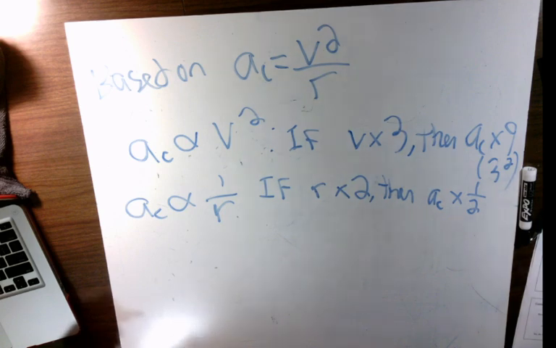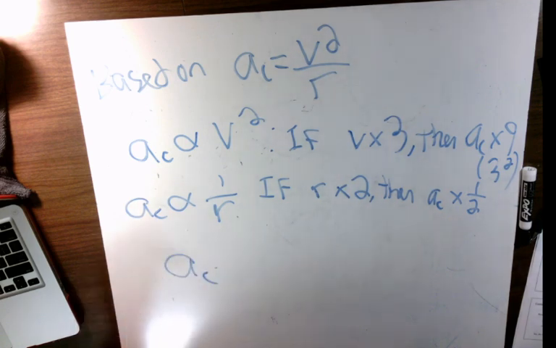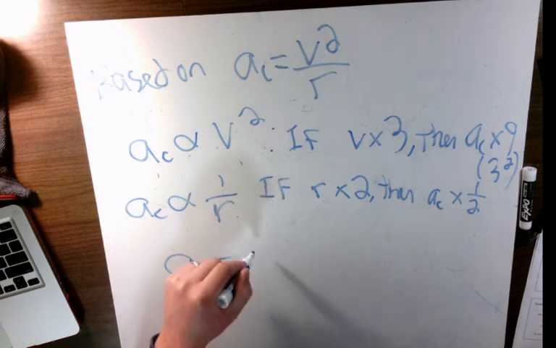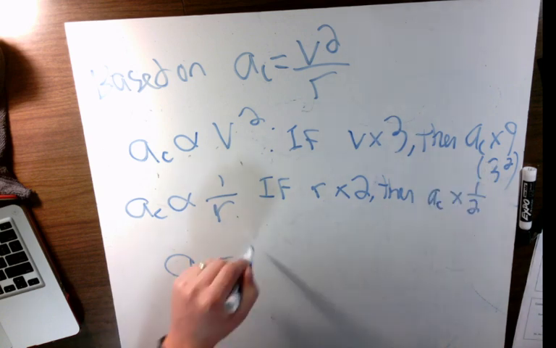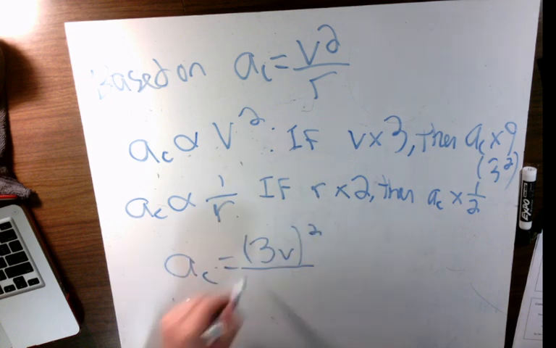So bringing this all together, if we started with a_c, we're then replacing our speed with 3 times. So that would be 3v squared divided by our radius, which is twice as much.